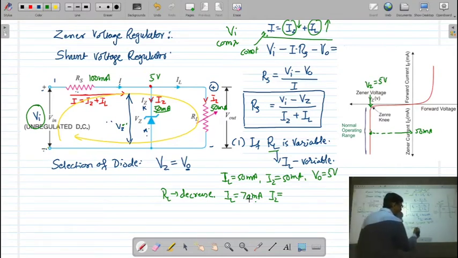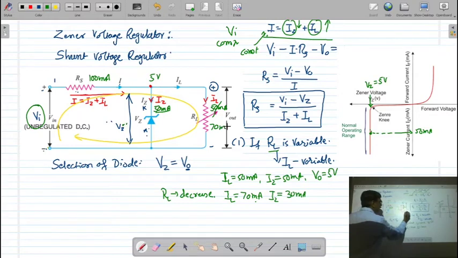So if the load current is 70 milliampere, now the Zener current is reduced to 30 milliampere. Correct?